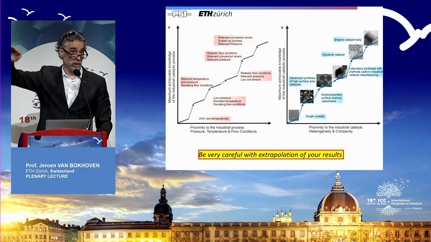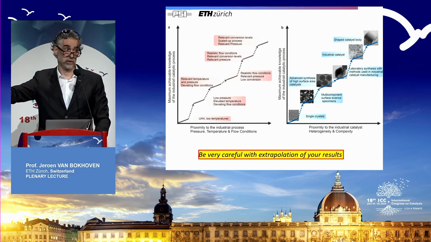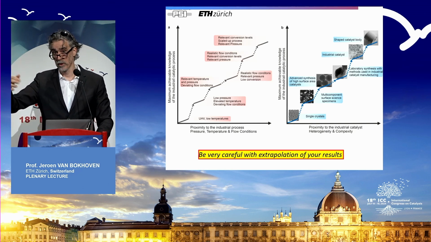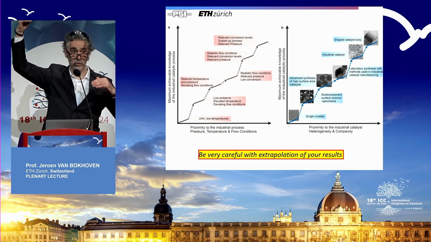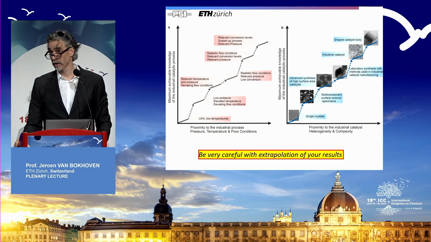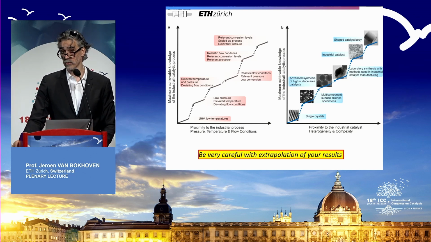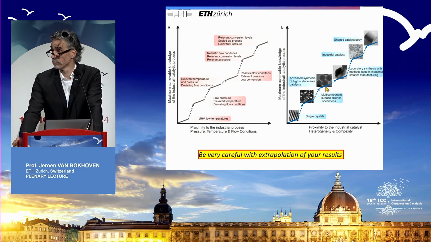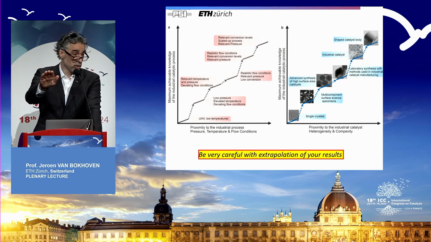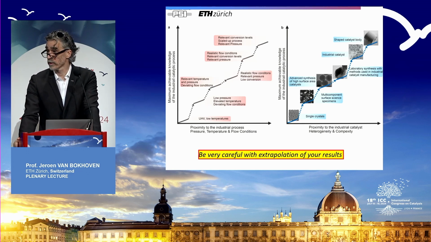If you change your conditions into a new regime, you make a step function. So it's not a continuous line towards understanding the complexity. If you change a fundamental step in your system, you have a step function in the amount of knowledge that you can gain. And of course, there are many steps that you need to make before we really understand the functioning of a real catalytic process itself. Same thing if I talk about materials. If I look at a model material, I learn a lot about this model material.